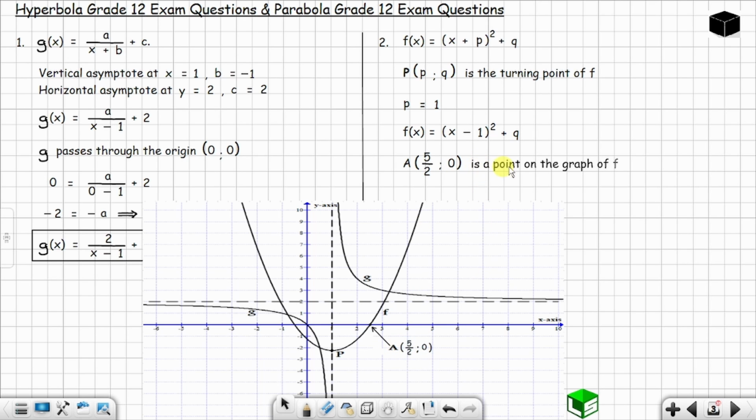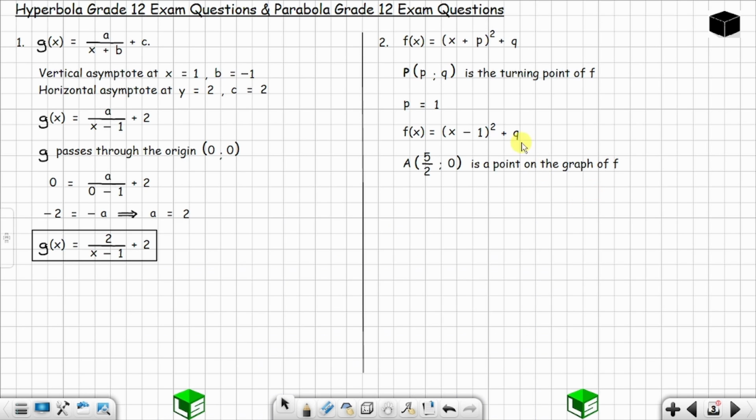A is a point on the graph of f. Use it to solve for q. So this is the x coordinate and this is the y coordinate. f of x is y and y is equal to 0. It is equal to, you have that bracket, x is 5 over 2 minus 1, close the bracket, squared, plus q.